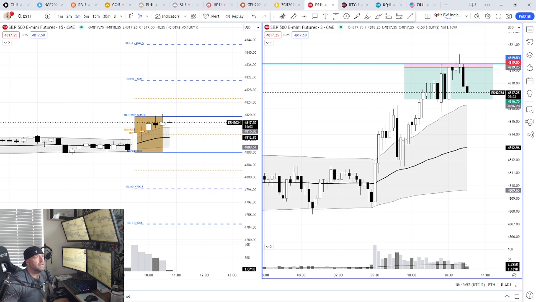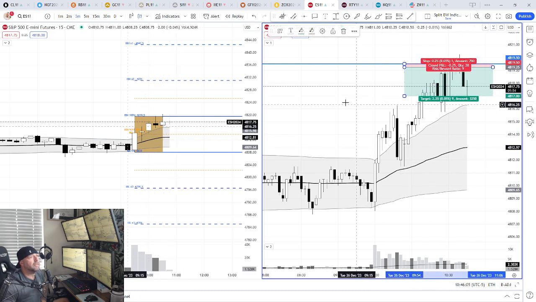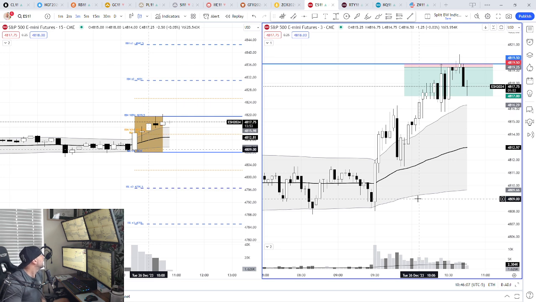All right, stops at break even. Take profits here. It's coming. I didn't get filled. It's still coming back on me. This may be a break even trade.